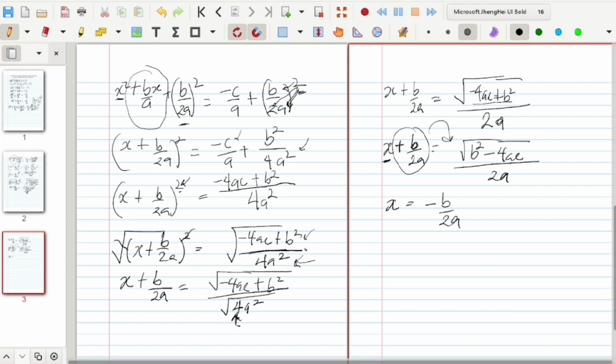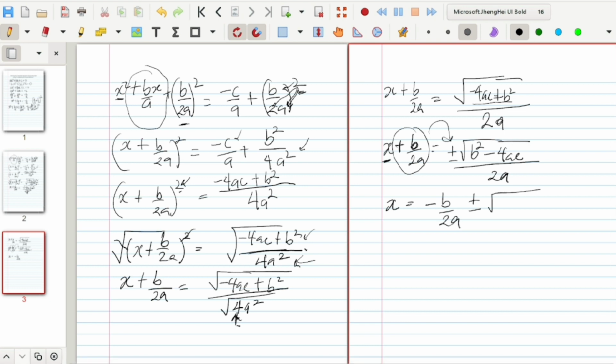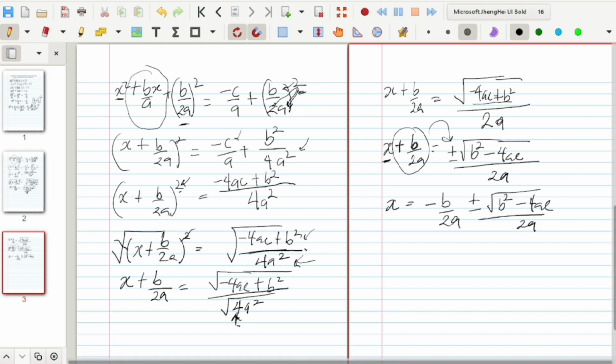After finding the square root, you always have plus or minus the square root of b squared minus 4ac over 2a. Note that the square root of any number is plus or minus your answer. So the square root of 4 is plus or minus 2, because two numbers that will give you 4 are plus 2 times plus 2 or minus 2 times minus 2. That's why you have plus or minus.